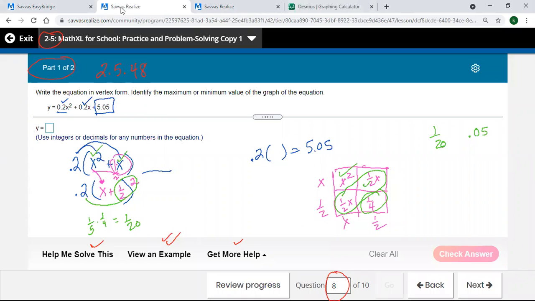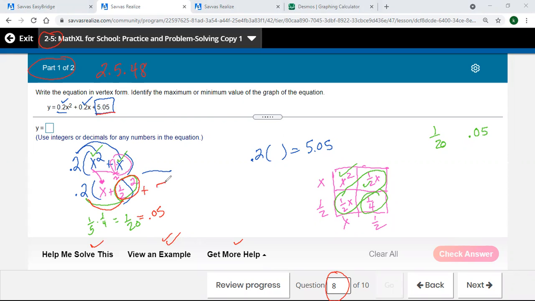0.05. So what we have right now from this 1/2 squared times the 0.2, we have 1/20th, which was 0.05, but we needed 5.05.